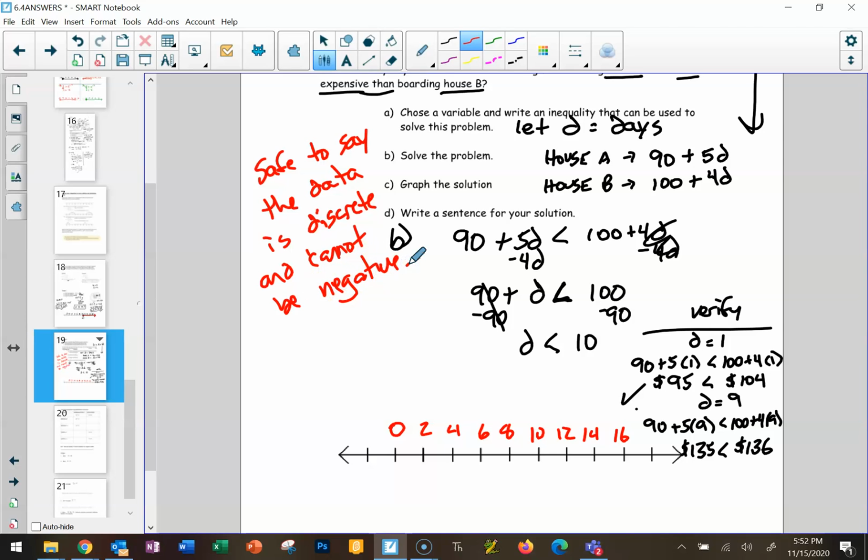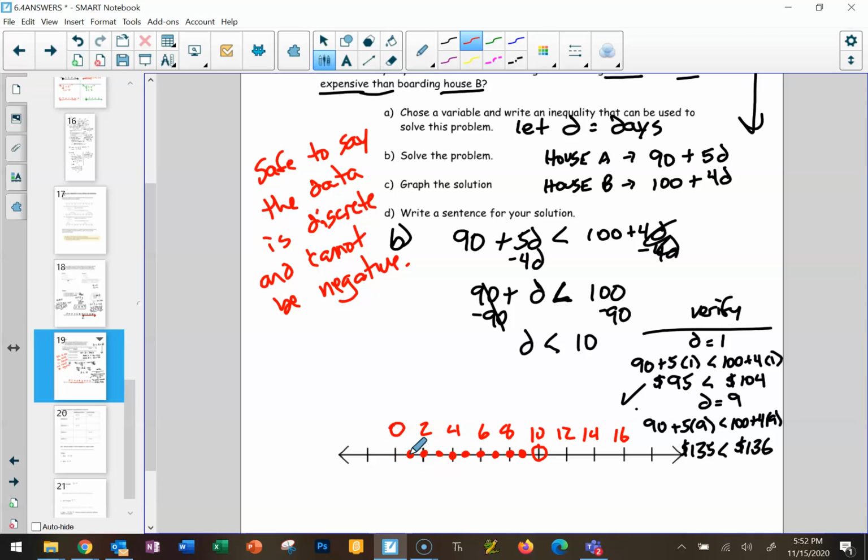Right, so that leaves us with, what do we do here? If D is less than 10 and D does not include 10, we could circle the 10 but not fill it in. We could circle 9, 8, 7, 6, 5, 4, 3, 2, and 1. Okay.